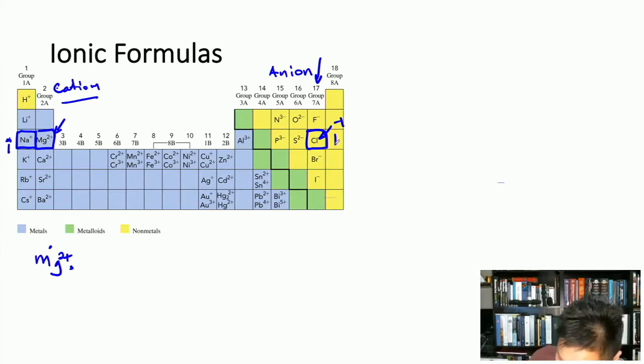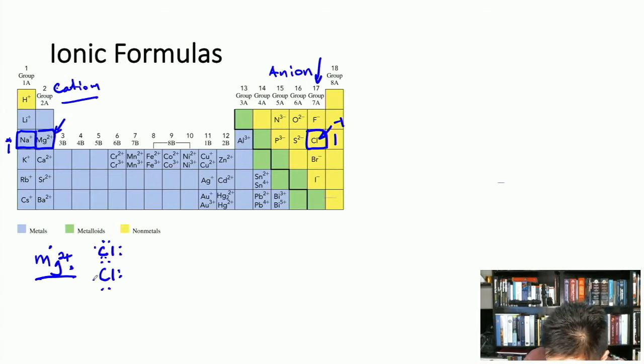But it's a little different now with magnesium because magnesium has a 2+ charge, right? And chlorine has a -1 charge. So you'll need 2 chlorines to balance out a single magnesium ion.